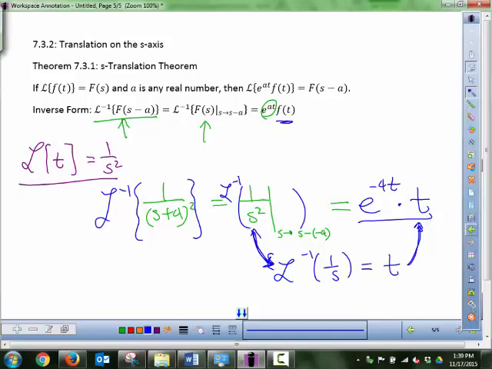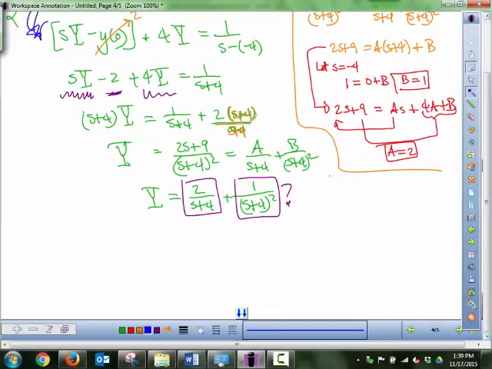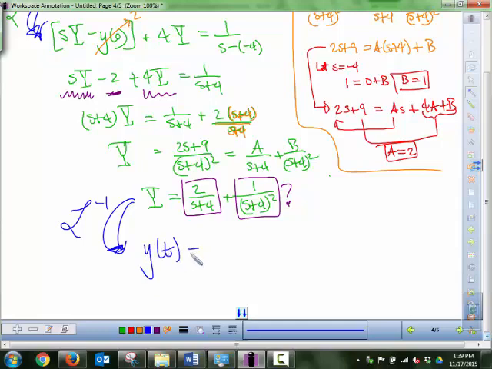So now I can go back to this problem, and as we take this back to the real world, we're going to y of t. We have 2 times 1 over s plus 4, s minus a, right?